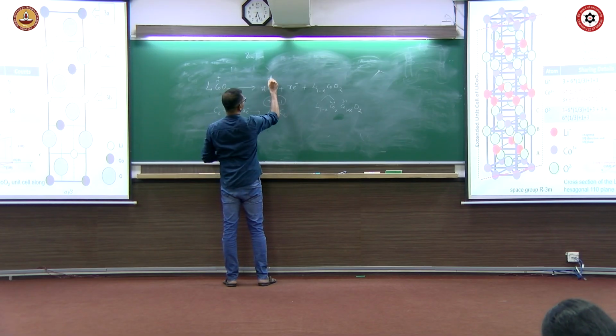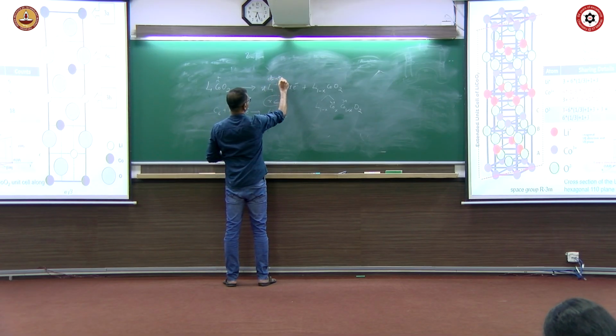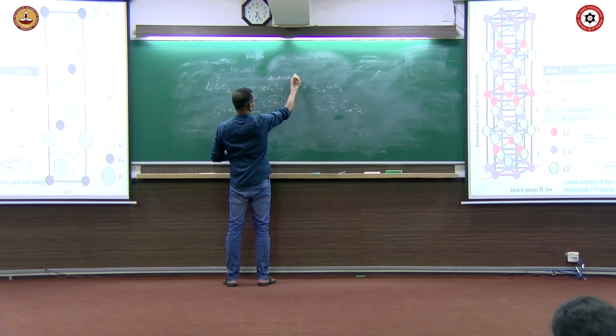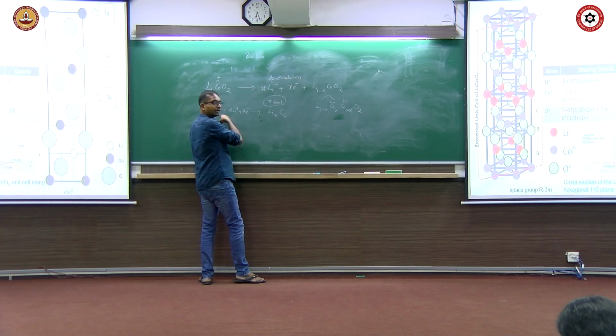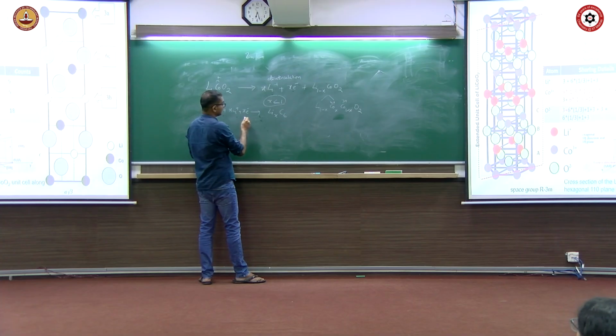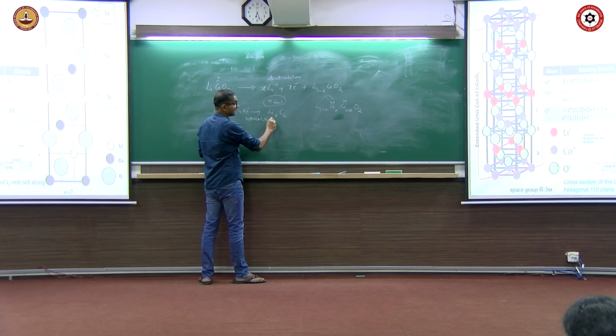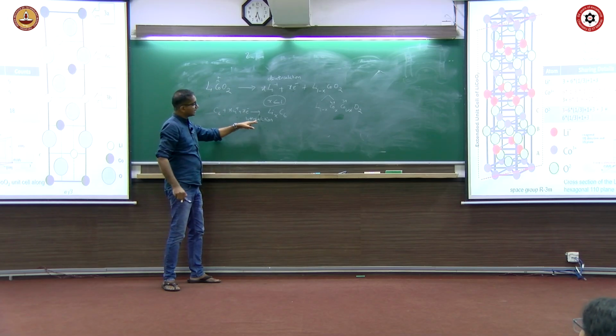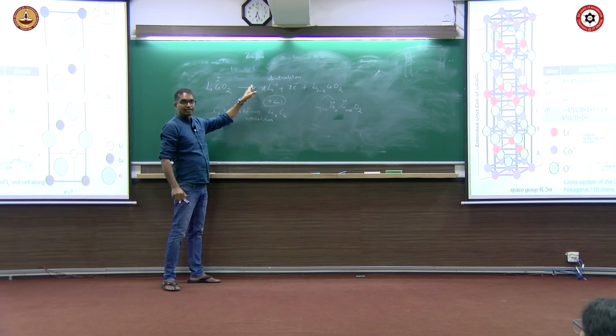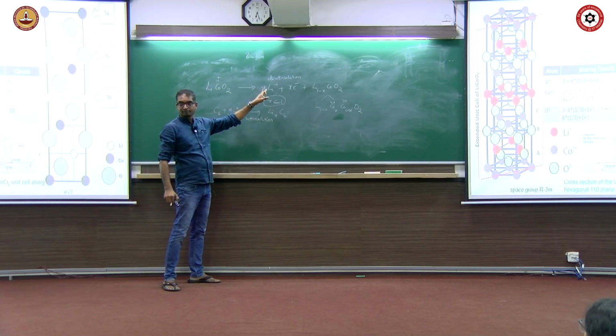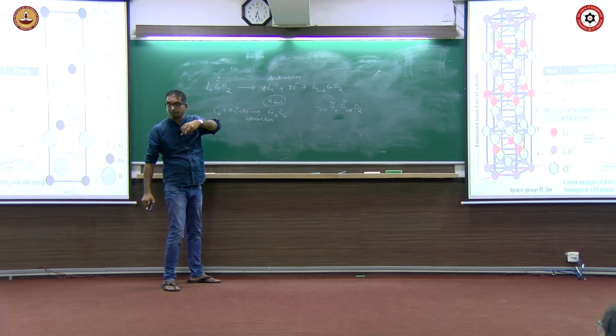What is that? This is getting into the void that is between the graphene layers. It's called intercalation. It is intercalated here, here it got deintercalated, because it means it has come out from the specific void.